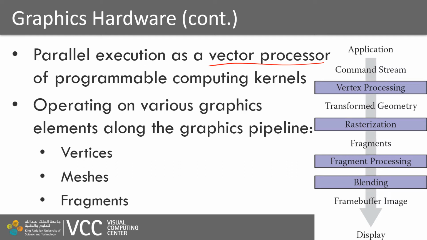So the graphics hardware is really a SIMD, single instruction multiple data, architecture of processors. Typically, it is realized either as a dedicated graphics hardware, meaning it is attached through a bus to the main board, main memory and main processor, or it is sometimes integrated within the main board as a coprocessor to the main processor.